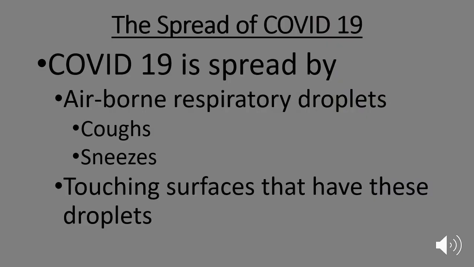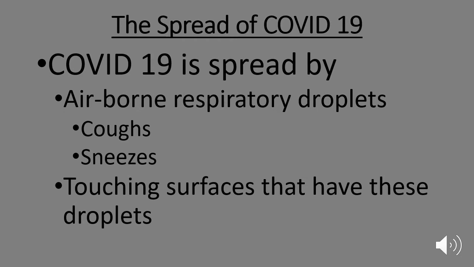The spread of COVID-19. COVID-19 is spread by two routes. The first route is airborne respiratory droplets, so coughs and sneezes. When you cough, you have little respiratory droplets that get expelled and they are spread through the air or they land on surfaces. Same with sneezing.